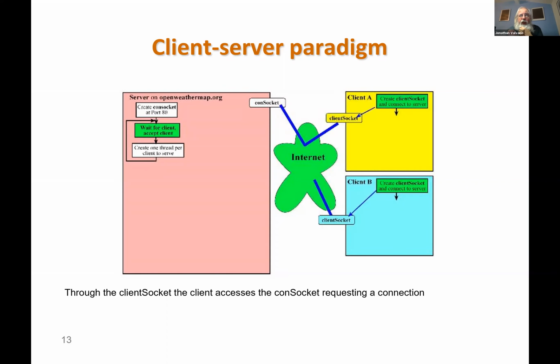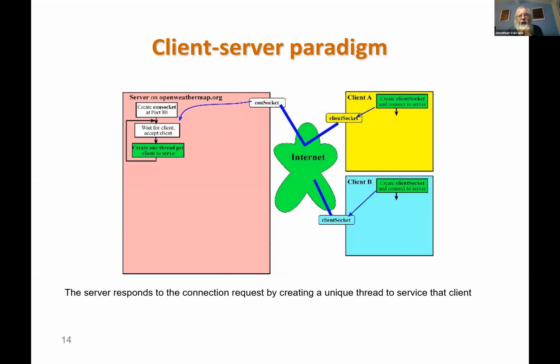Okay, and so it creates a client socket, and then the blue line represents a TCP packet, a connection request going to the connection socket. Okay? And then, like I said, A is in front of B a little bit. So traversing the internet is the connection request for B as well.